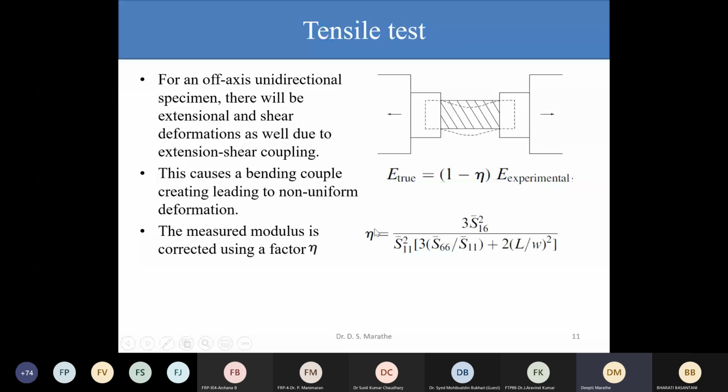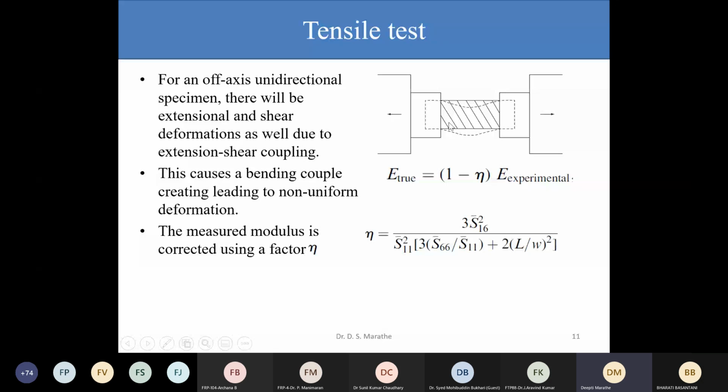This correction factor helps me in getting the true tensile value for an off-axis specimen from the experimental value, so that the effect of coupling between extension and shear can be taken into account while testing the specimen.